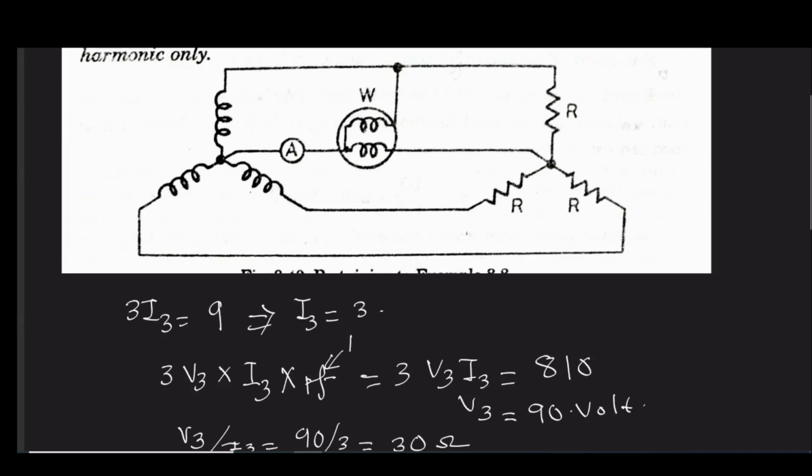Now this is the total 9 ampere current, because you can consider that every phase is in parallel.